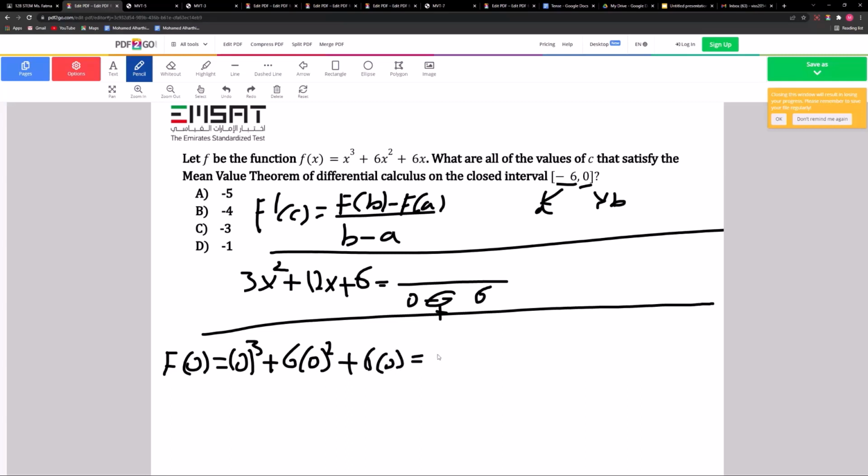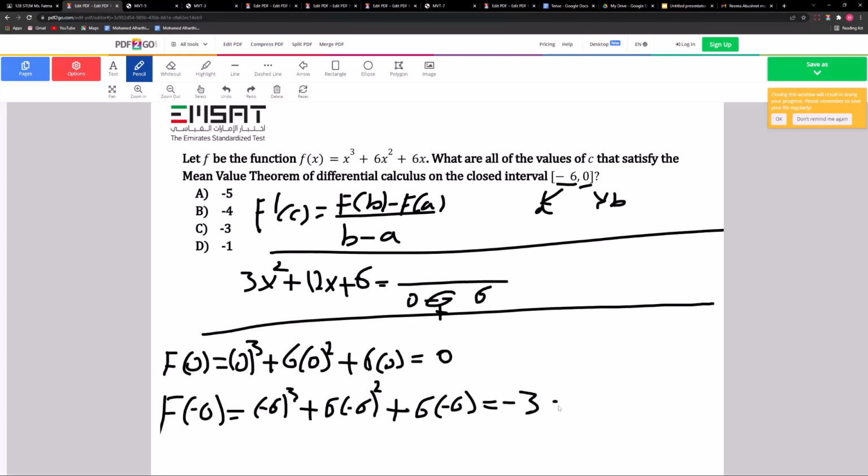Here we will get 0. Then we will try with negative 6, which is the a. f of negative 6 equals negative 6 to the power 3 plus 6 in brackets negative 6 squared plus 6 in brackets negative 6. Here we will get negative 36.